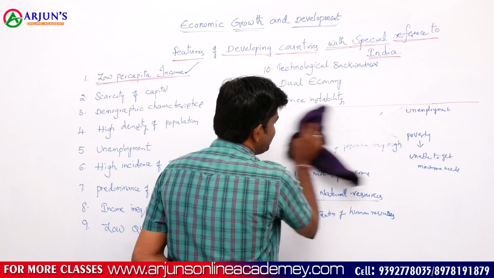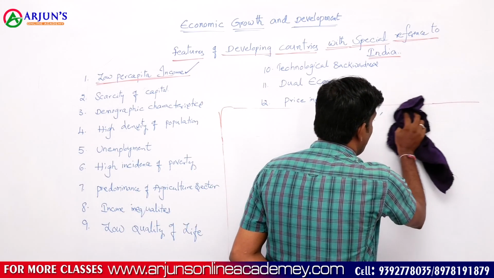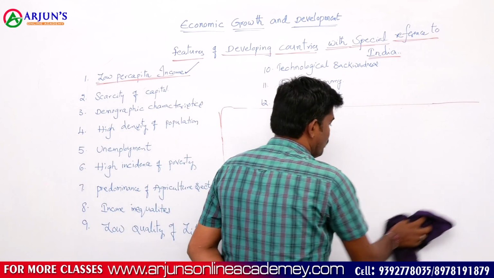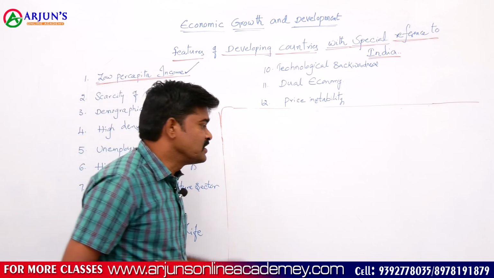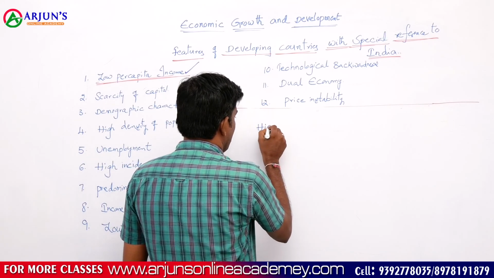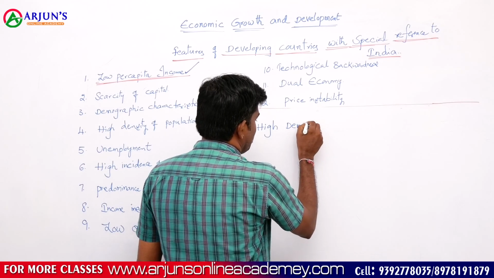Whenever there is a high size of population, more population, the density of population is also very high. Density means the total population per square kilometer area. High density of population is another important character.